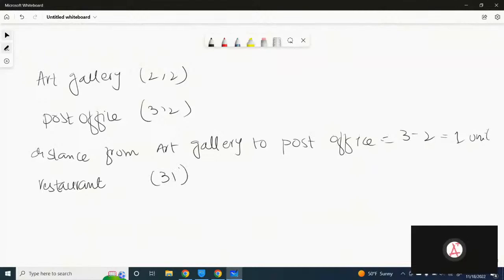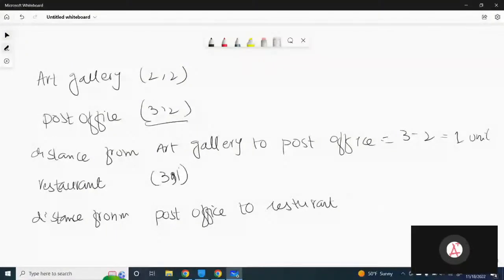You have to calculate the total distance. Got it? Calculate the distance from the post office to the restaurant. Just look at both the values. They have the same x values. Got it? Just subtract their y values. 2 minus 1 is 1 unit.